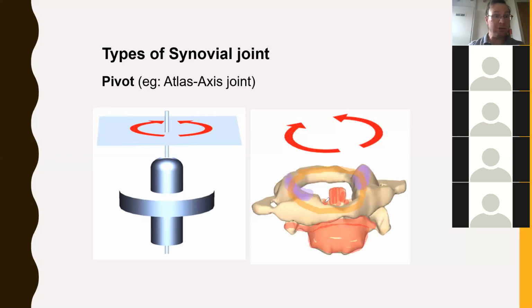We saw the hinge we have at the humerus and ulna and in the knee to create very pure flexion and extension. And we saw ball and socket joints at the shoulder and the hip to allow movement in all planes.